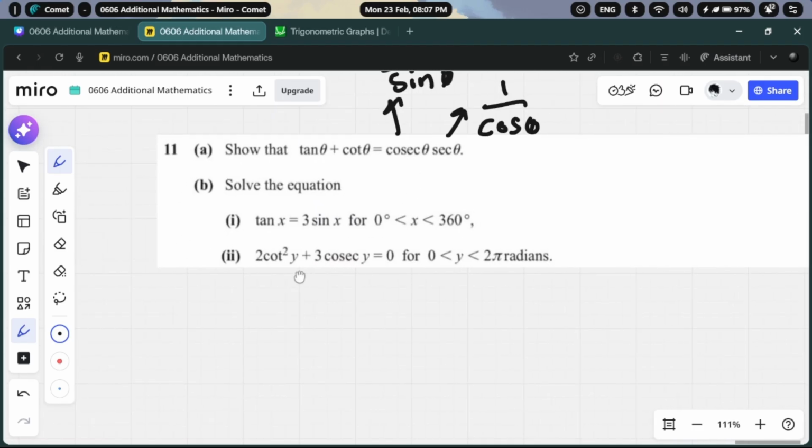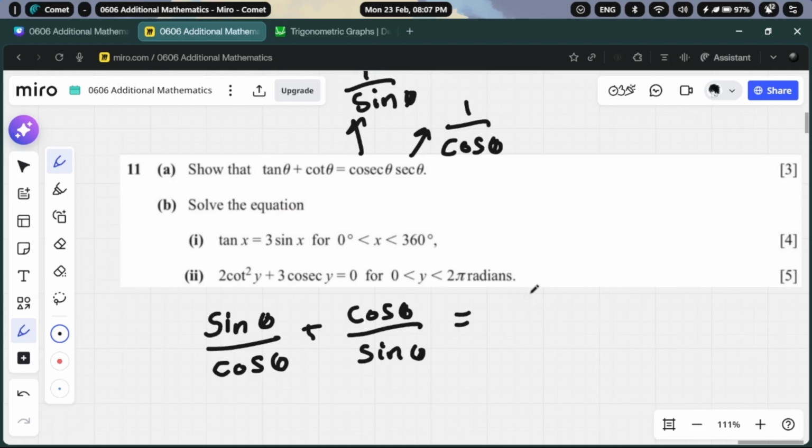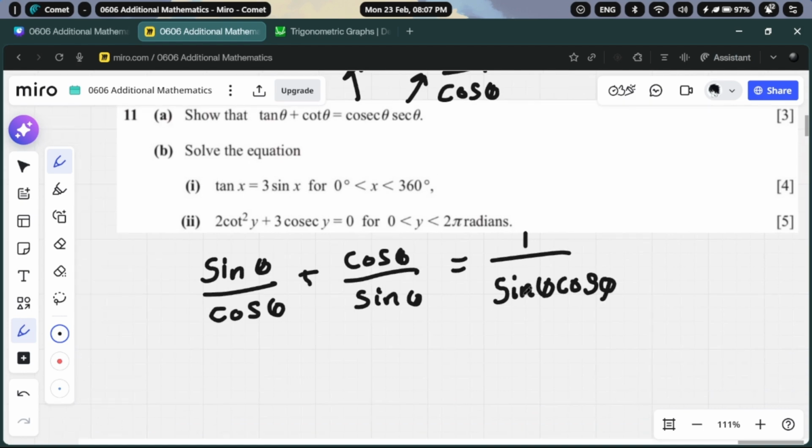So you do sine theta over cos theta plus cos theta over sine theta is equal to 1 by sine theta cos theta. Now before moving on, just think about how you would solve it.